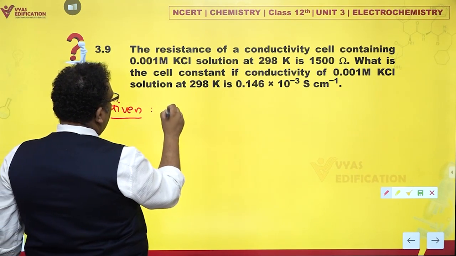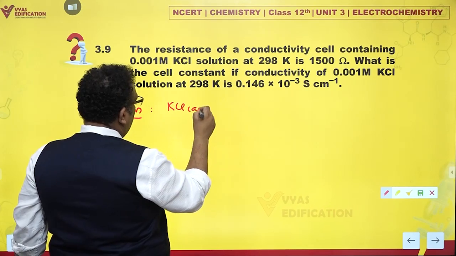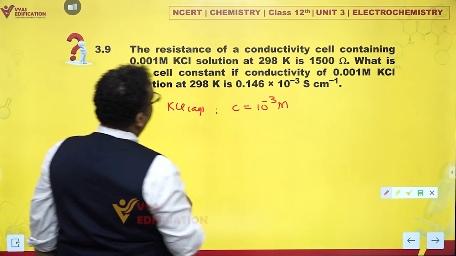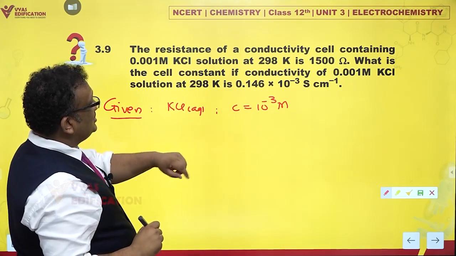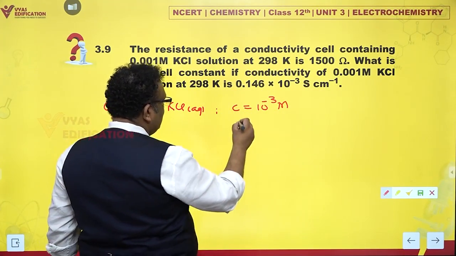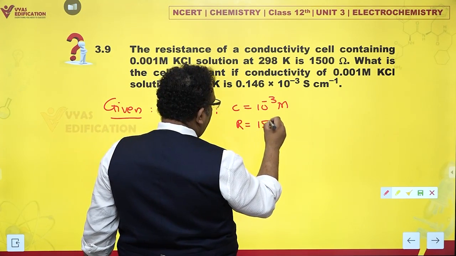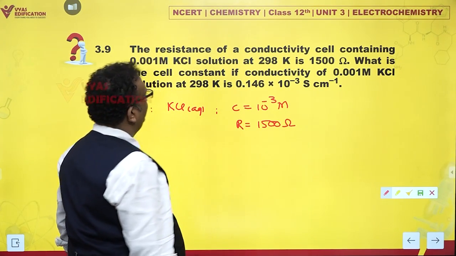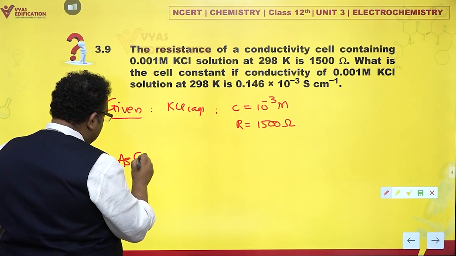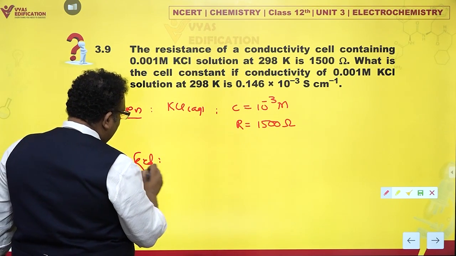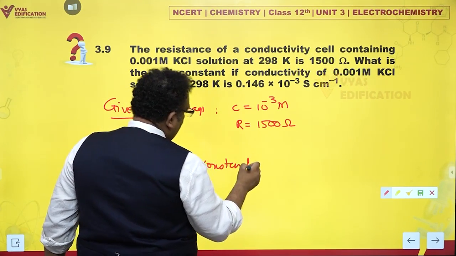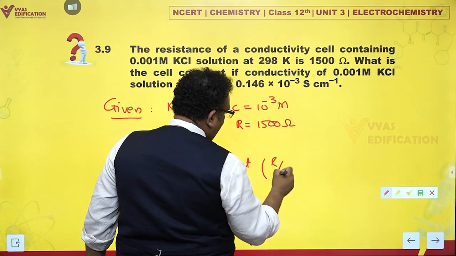I am given KCl solution, the concentration is 10 to minus 3 molar, and the resistance R is 1500 ohms. What is the cell constant? So what is asked is the cell constant, or what we call L by A.